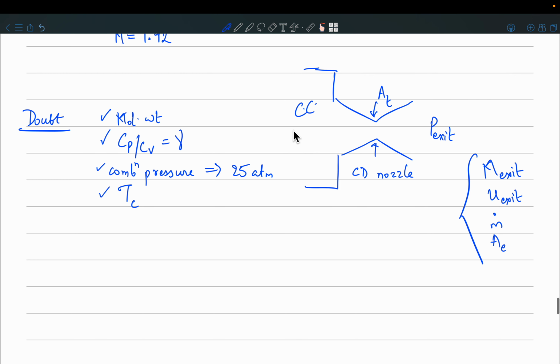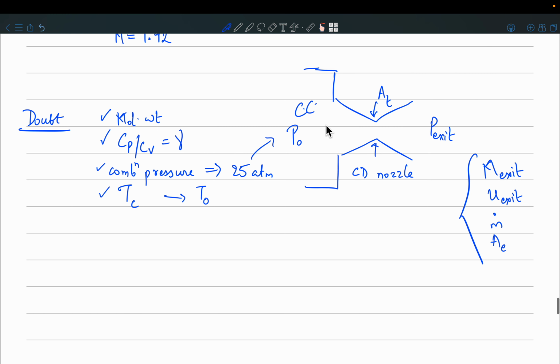So then I can consider this combustion pressure as my stagnation quantity, and the stagnation temperature also will be equal to the temperature in the combustion chamber. So the assumption here is that there is no flow, and after combustion it starts flowing in the CD nozzle.